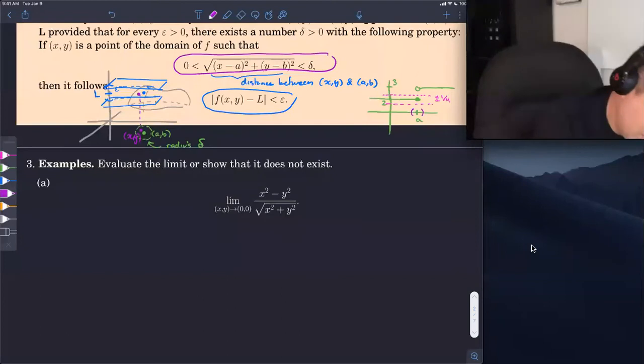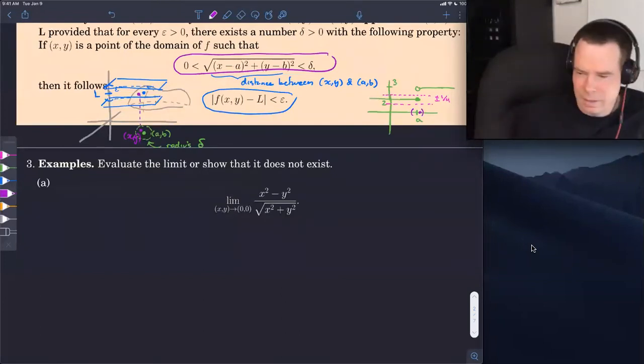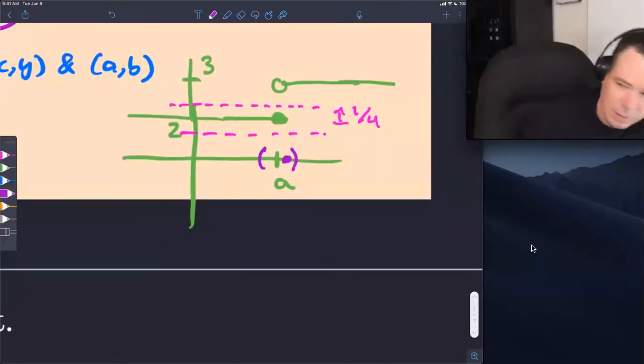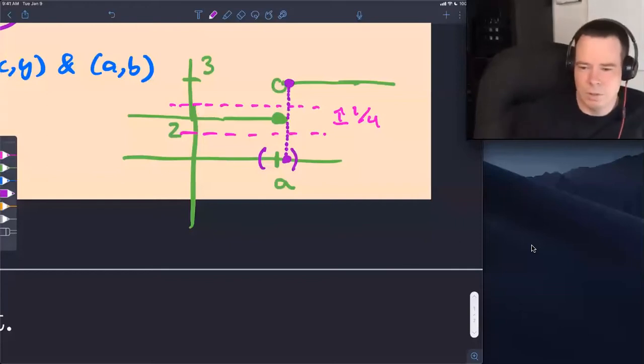But I think you can already see a problem here. If I take a value on the right-hand side of A, I'm going to zoom in a bit. If I take a value on the right-hand side of A, the value that it takes does not live inside the sandwich. And so that tells me that for this particular epsilon of 1/4, I cannot find a delta.